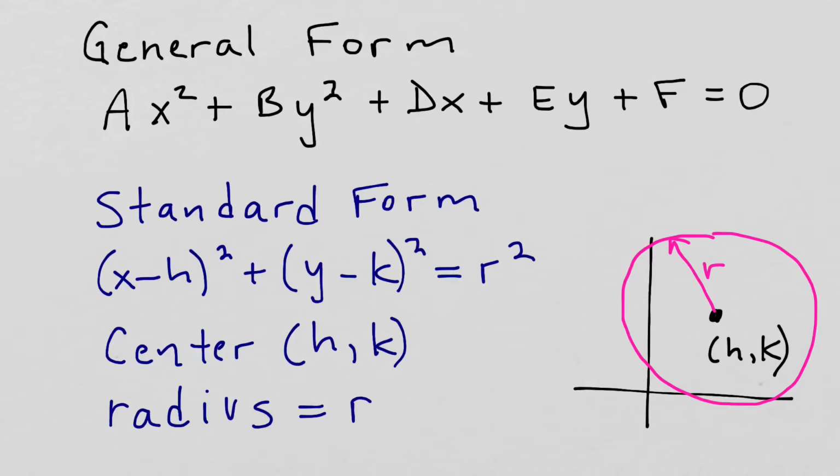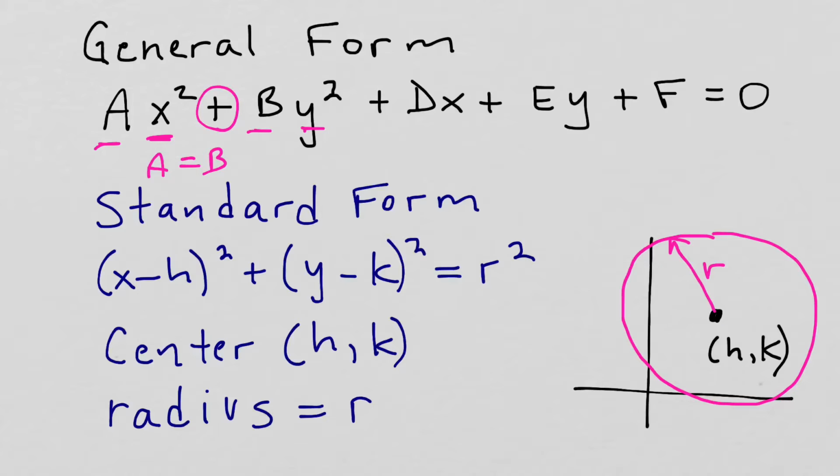A circle is going to have an x squared term, a y squared term, a plus in between those two squared terms, and A and B are going to be the same number. A equals B. If all of these elements exist in the general form, we know we have a circle.